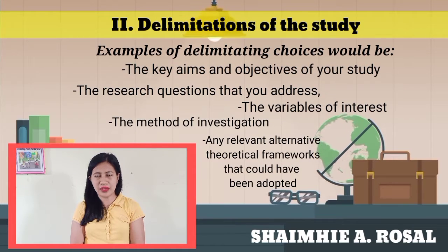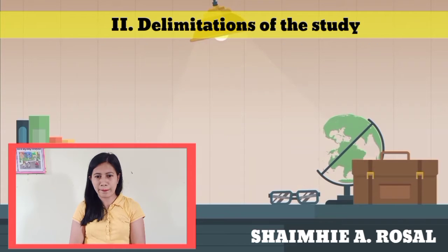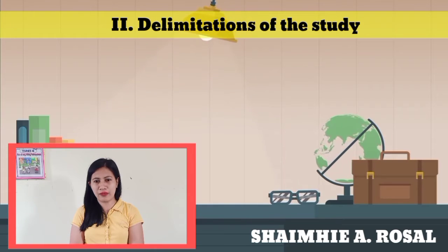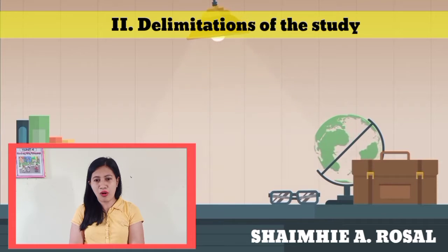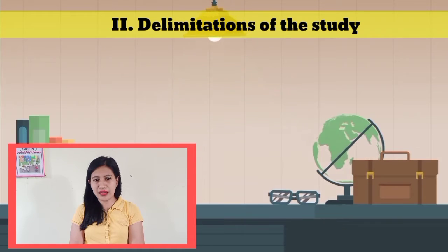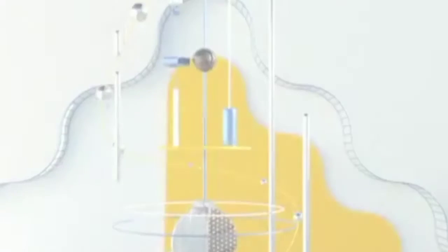Make this reasoning explicit. Take note, the limitations refer to the initial choices made about the broader, overall design of your study and should not be confused with documenting the limitations of your study discovered after the research has been completed.